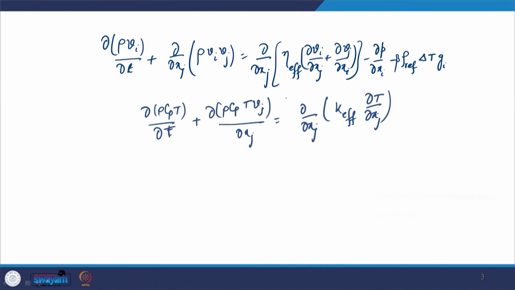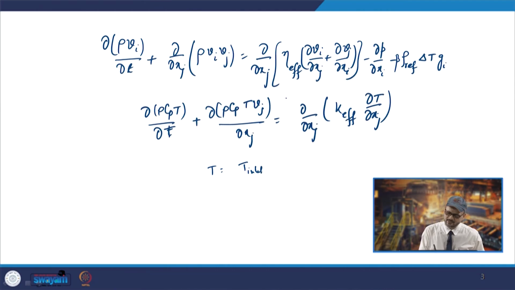Then ∂/∂x_j of K effective ∂T/∂x_j. This is again the effective thermal conductivity, for the molecular as well as for the eddy component in the case of turbulent flow. So, these two together will be governing the dynamics of the flow inside the tundish.